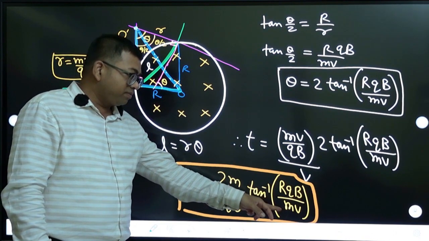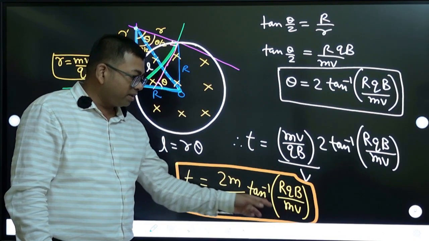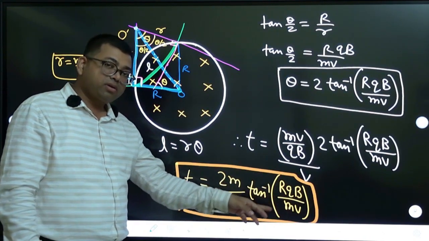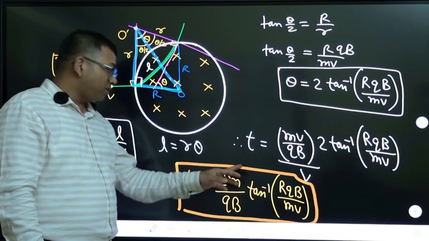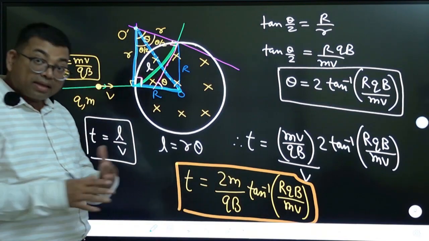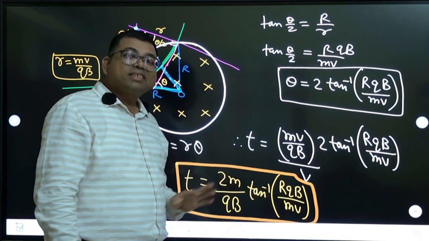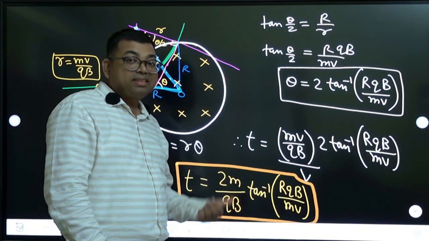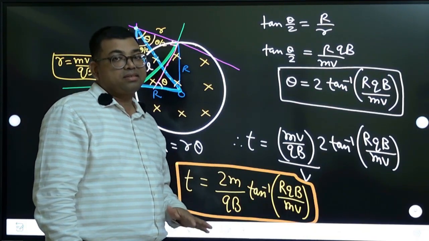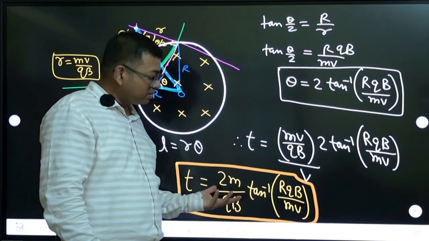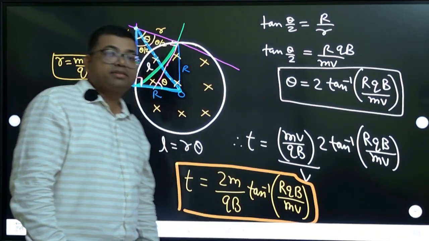If speed is higher, this is going to be smaller, and as this becomes smaller, then time will become smaller. So higher the speed, smaller the time spent, and lower the speed, more the time spent. This is the exact relation. This is not just an inverse relation, this is a tan inverse function, right?